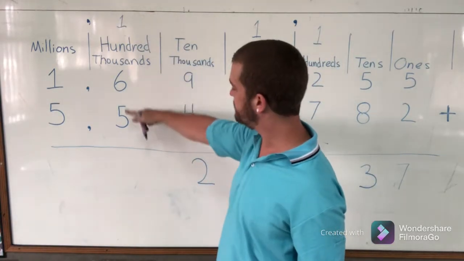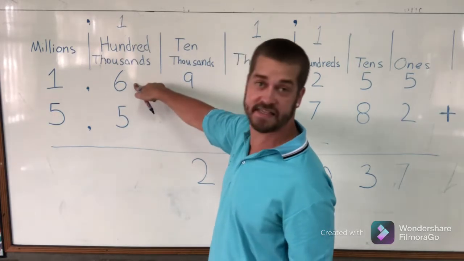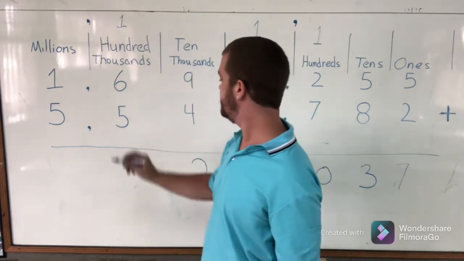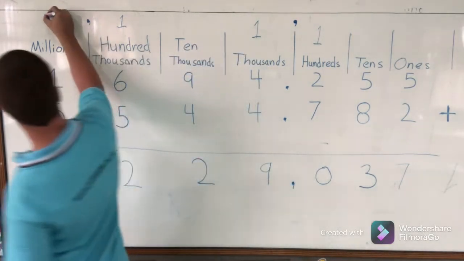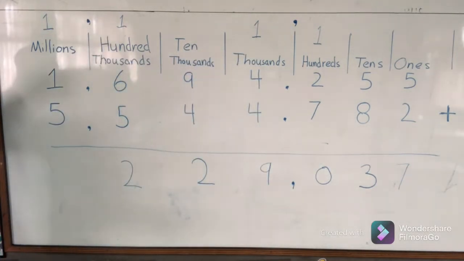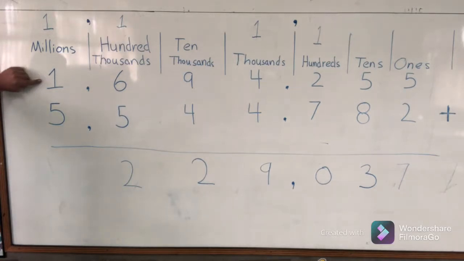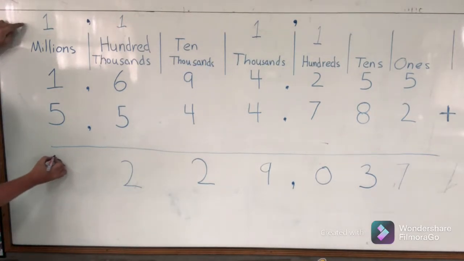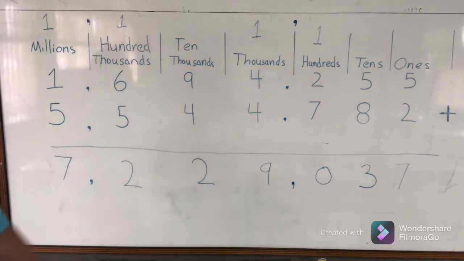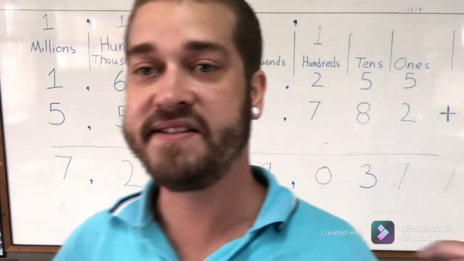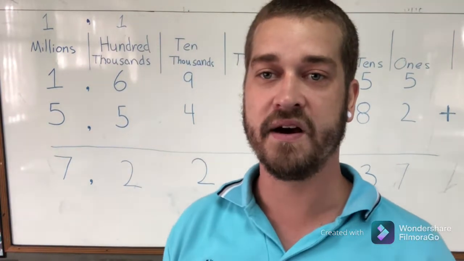Okay? 100,000s. 5 plus 6 is 11. Plus 1 is 12. Keep the 2, carry the 1. Okay, so now we're in the millions. We have 5 plus 1 is 7. Okay? Don't forget your comma. All right, guys, this is C. 1C on do and learn.